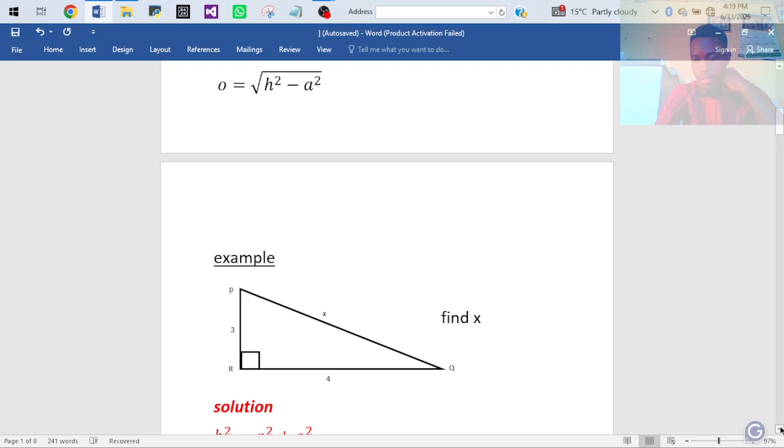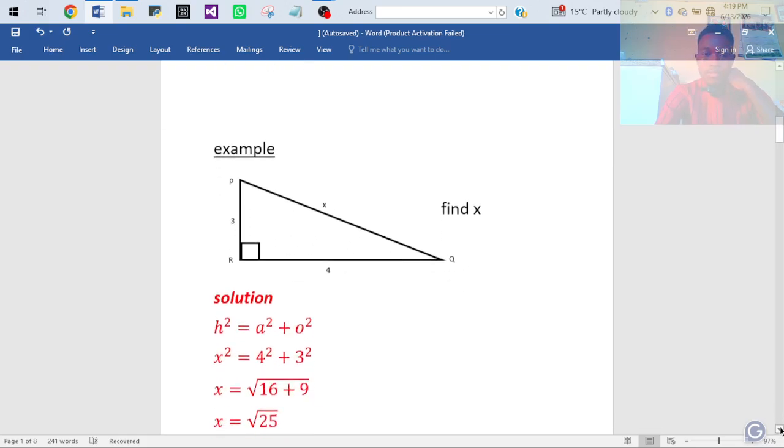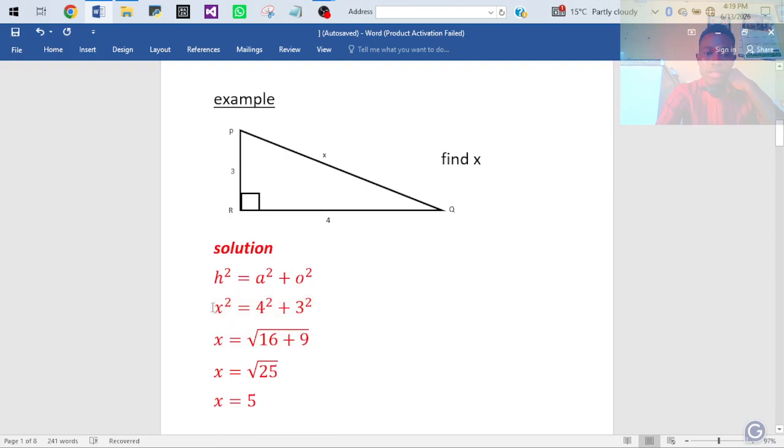So x squared equals 4 squared plus 3 squared. Then we take off this square, which will be a square root. 4 squared is 16, which is 4 times 4, and 3 squared is 9, 3 times 3 gets 9. To remove the square, just take a square root on this side.